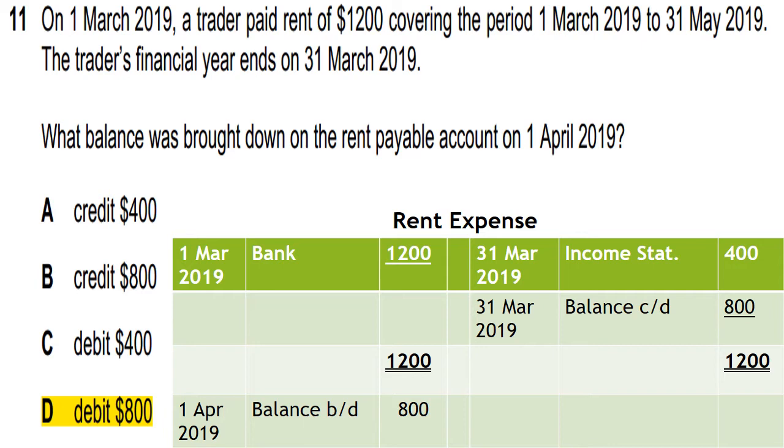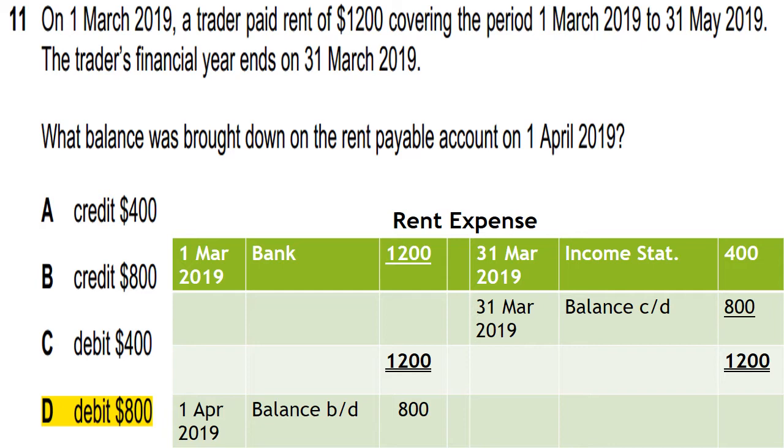On 1st March 2019 he paid $1,200 as a rent expense, and the year end was 31st March 2019. So we will only charge 1 month as a rent expense.